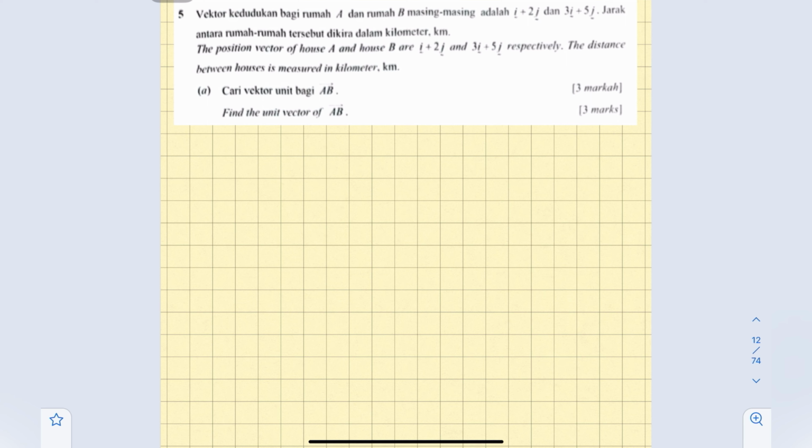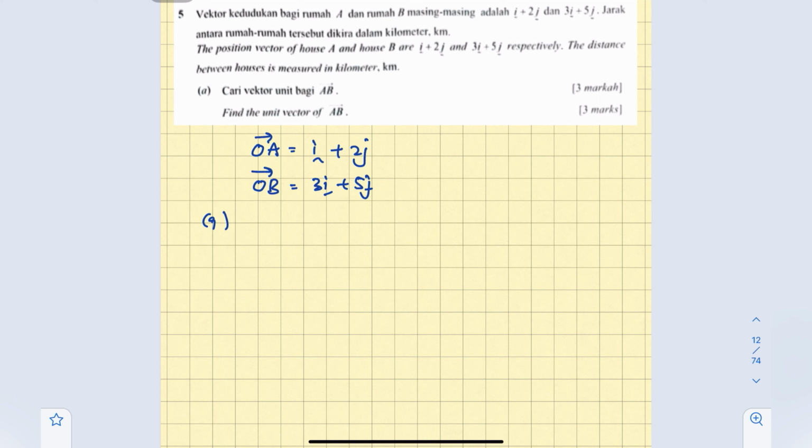Given the position vectors, OA equals i plus 2j and the position vector of B, OB, is 3i plus 5j. Now we are going to find the unit vector. To find the unit vector, we must find the vector first, then find the magnitude of the vector. So the unit vector is the vector divided by the magnitude.